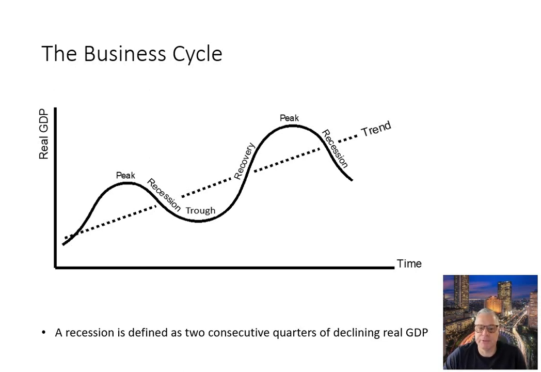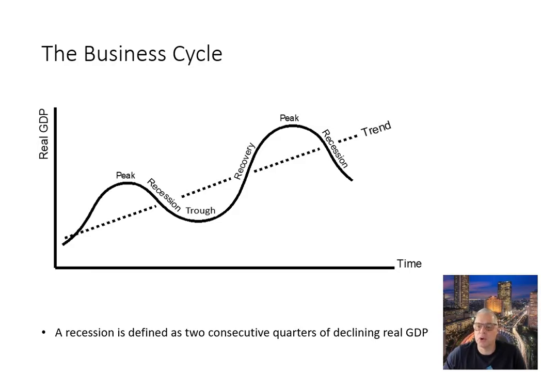So when it comes to the business cycle, well, there's a peak and there's a recession followed by a trough. And then hopefully there's again a recovery and there's another peak and a recession. But you also see that most countries typically exhibit a long-term trend.